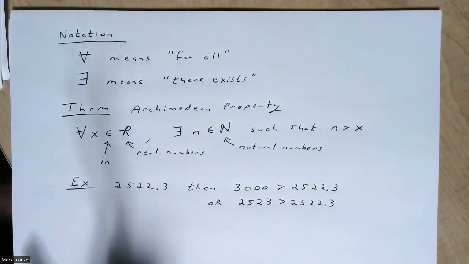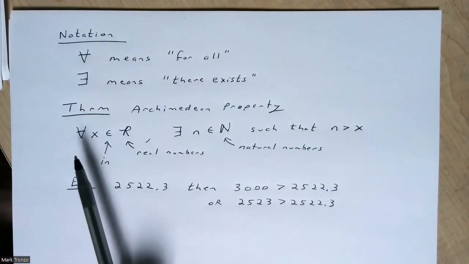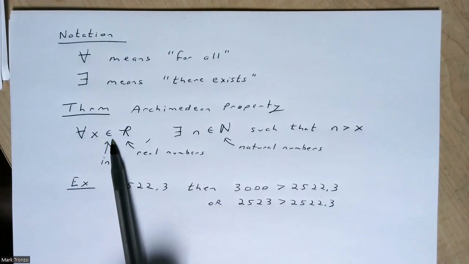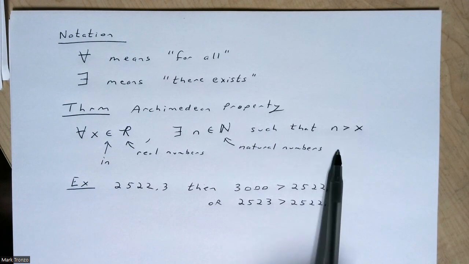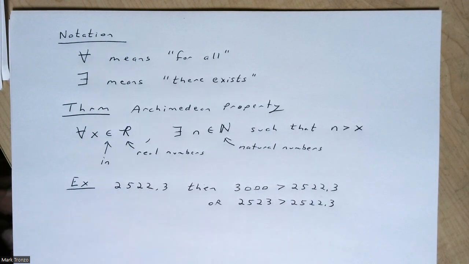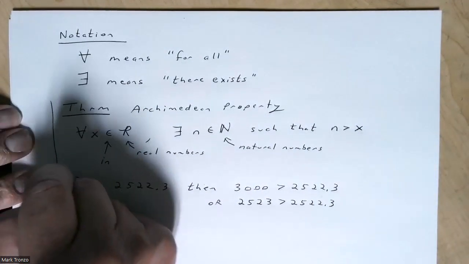But the point is that this Archimedean property says that for any real number you pick, you're always going to find a natural number bigger than that. And that seems pretty obvious, but we often have to apply it when we do proofs. So keep that in mind. So again, that's the Archimedean property.